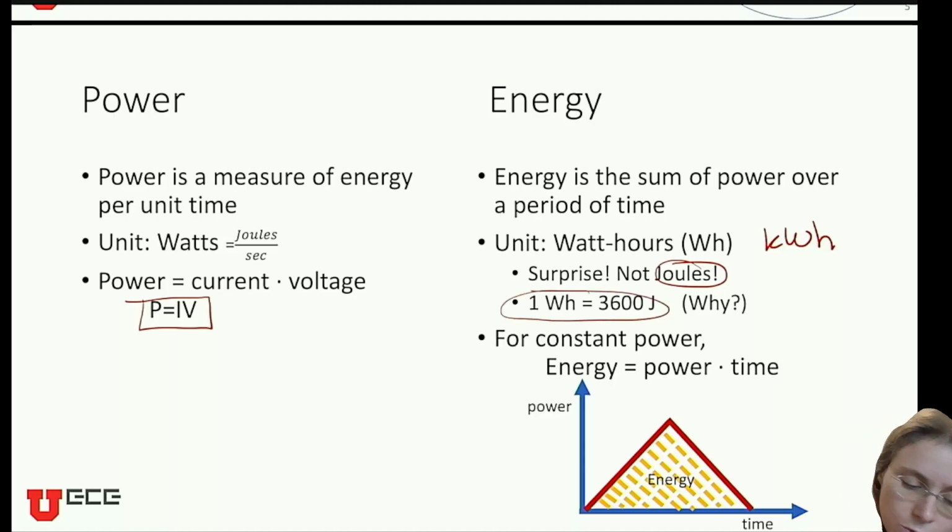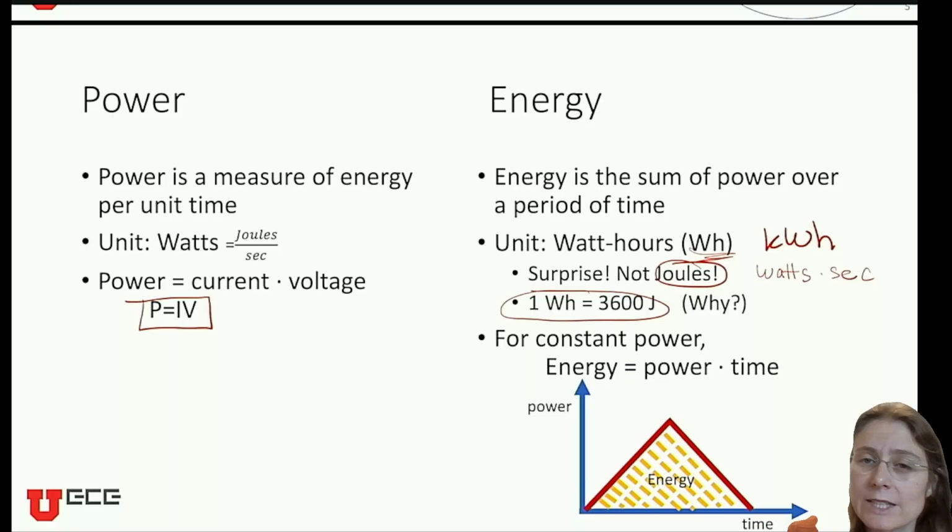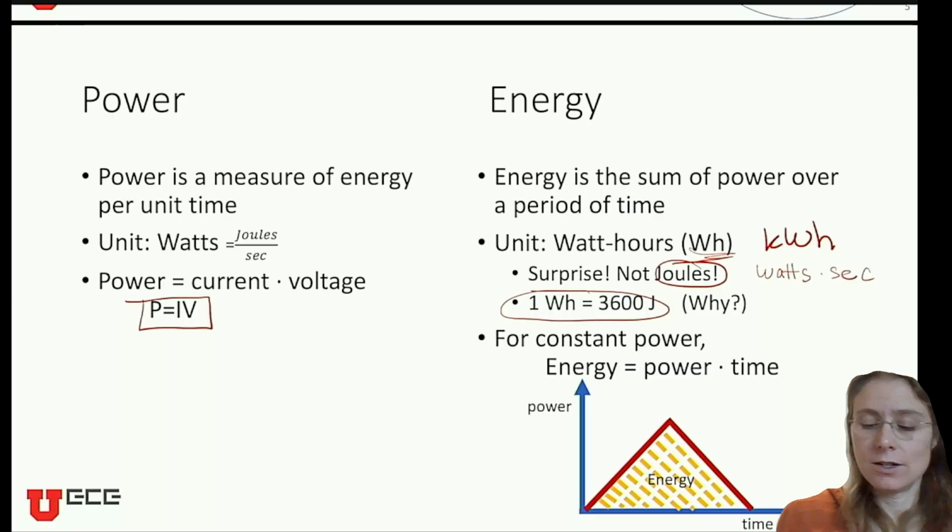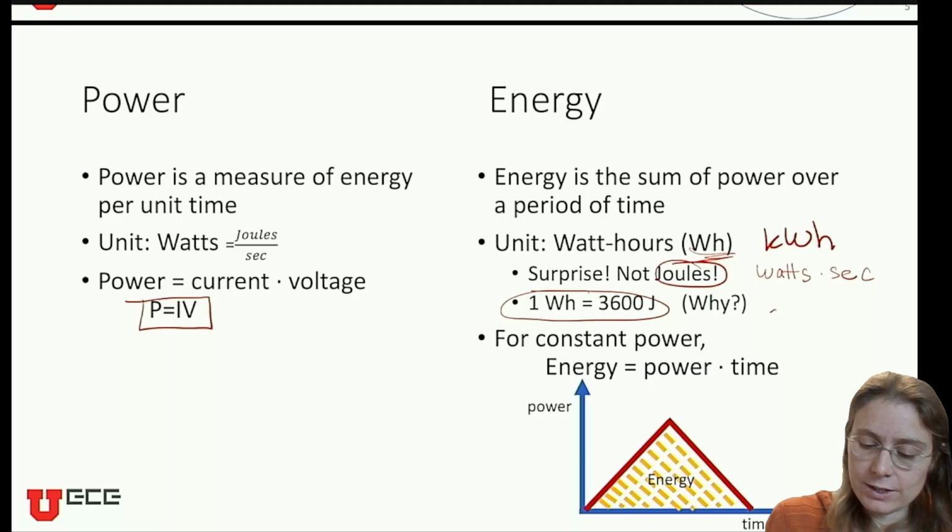And the reason for that is joules is watts times seconds, whereas watt hours is watts times hours. So to convert between seconds and hours, there's 60 seconds in a minute, and then 60 minutes in an hour.